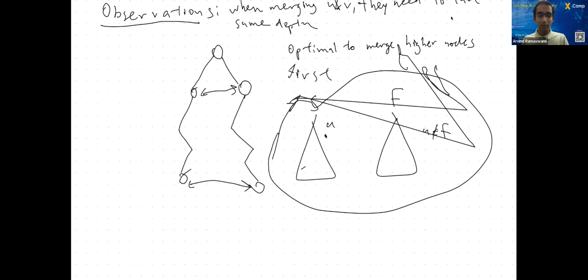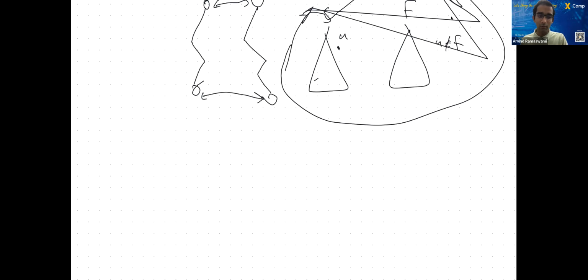Let's just say this is the current depth we're processing, depth D. We have a bunch of nodes. Let's just say that there's this vertex U that is in the initial tree, but it's not in the final tree. So let me write this, not in the final tree.